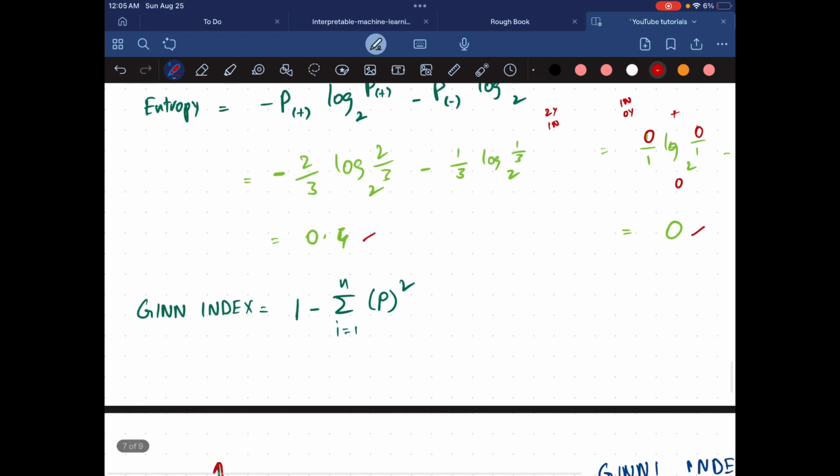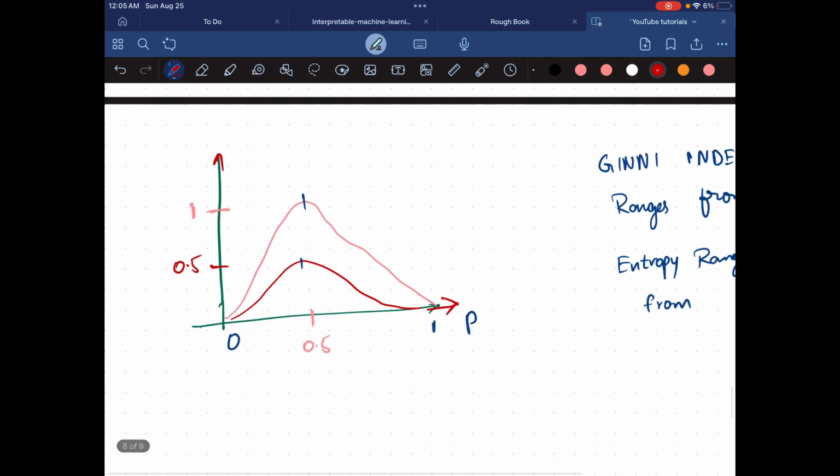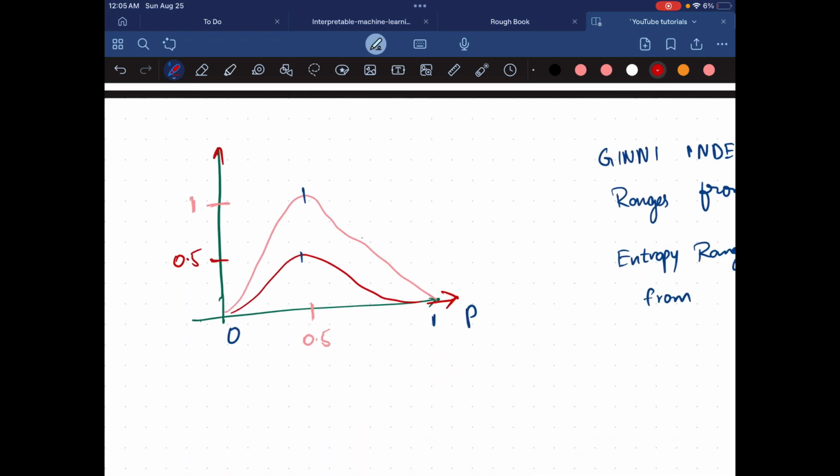So if you plot the graph for entropy, when the probabilities are 50-50, in the sense that half of them are yes and half of them are no, it is not providing any information, it means it is very impure. You'll get an entropy value of 1 in that case.